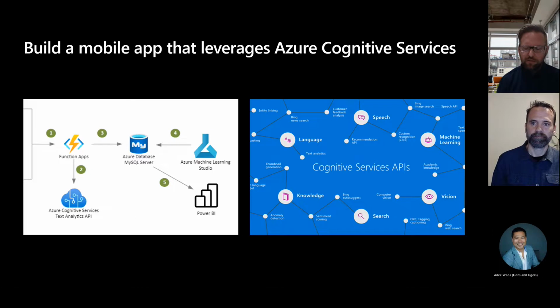In the architecture diagram that I have here, this is a diagram from a project that I worked on with a human services organization. They were using cognitive services to do sentiment analysis based on verbal feedback from their human services customers.